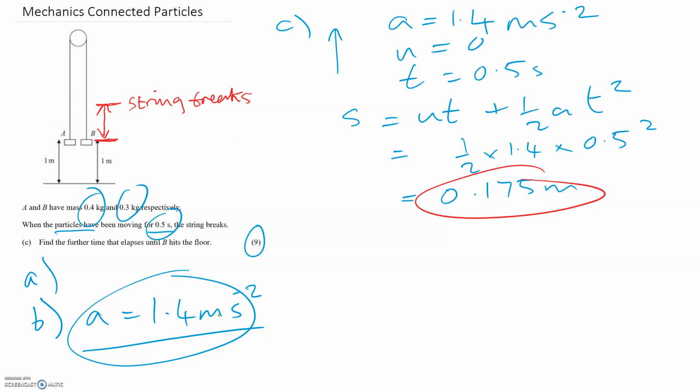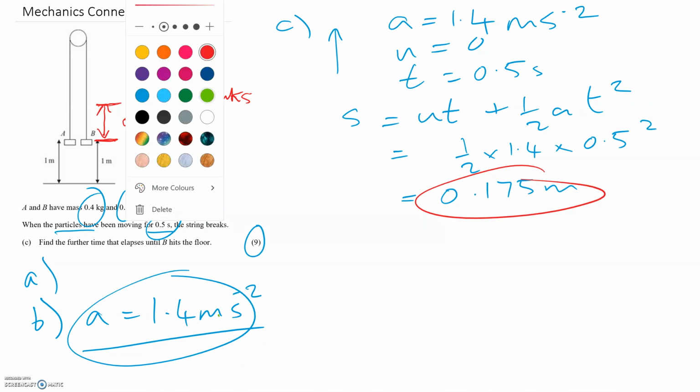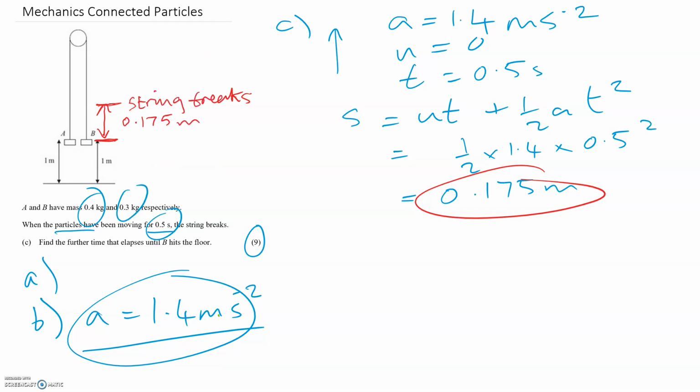So let's write that in. This is 0.175 meters. It's gone up before the string breaks. Now we need to work out this little bit here, the time it takes to go. Once the string is broken, there'll be no tension, and it will just go up a little bit more because of its momentum, and then come back down.